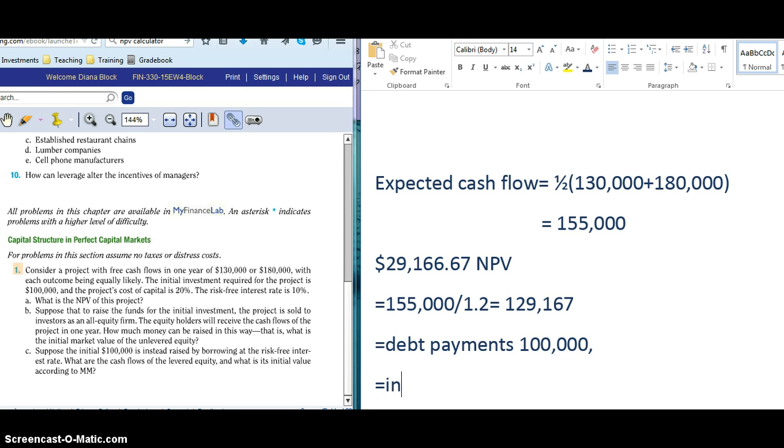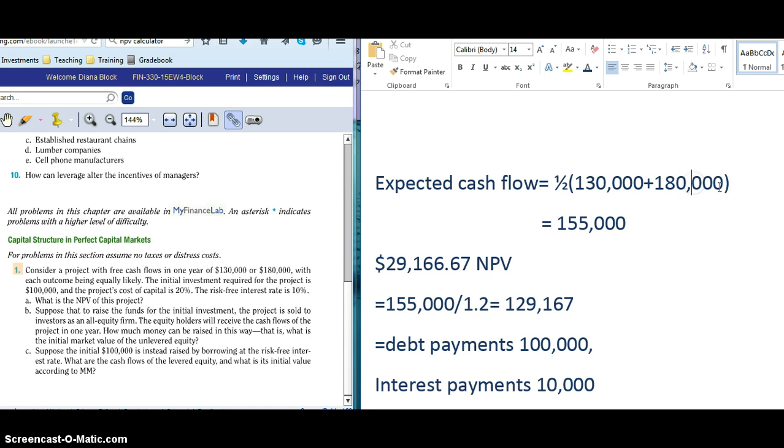That's just a side note. Which means how much cash flow is going to go to equity? It depends. If we have that $130,000 cash flow, then 20,000 will go to equity because 100,000 of that cash flow will be the debt payment, 10,000 will be interest payment, and the remaining 20,000 will go to equity.